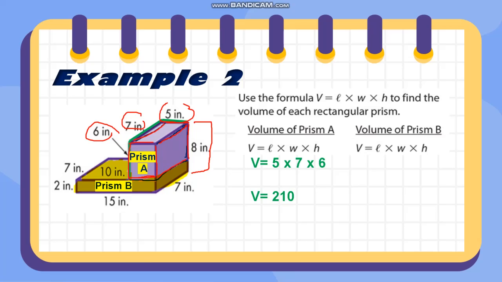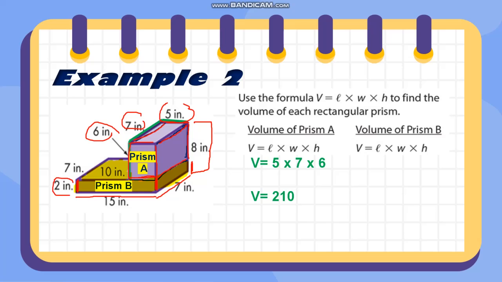and that is equivalent to 210. And what is the volume of prism B? Prism B is, the length is 15 inches, the width is 7 inches, and the height is this until here only. So the same thing, we're not going to use 8 inches because their volume is here up to here. That is the same thing here and here, which is equivalent to 2.